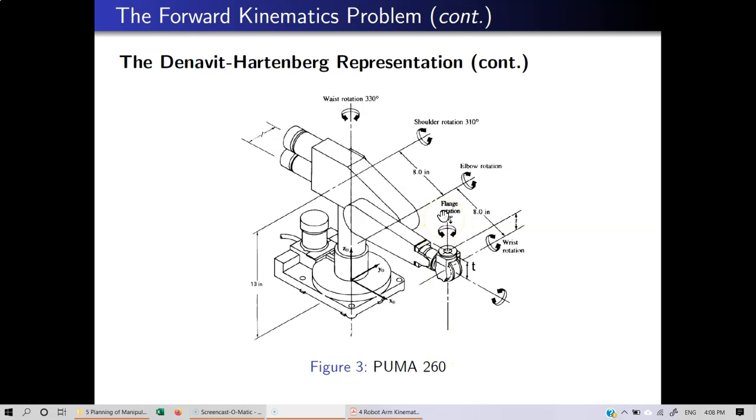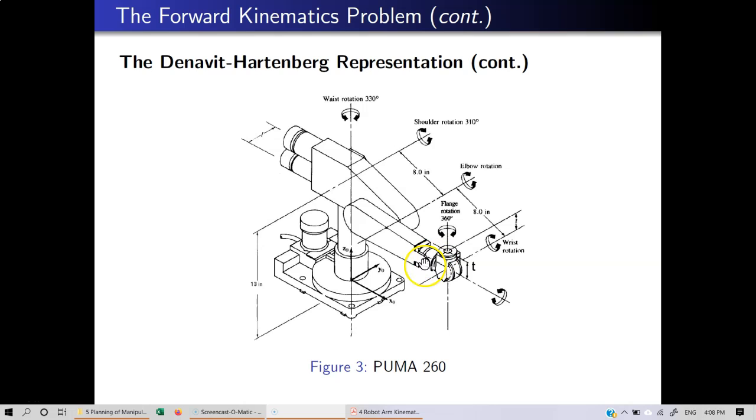The first step in establishing coordinate frames for every link of the robot arm is to establish coordinate frame 0, which is the base coordinate frame and is also the inertial coordinate frame. Since we have 6 joints, this is a 6 degree of freedom robotic arm. Therefore we should establish 6 plus 1 coordinate frames.